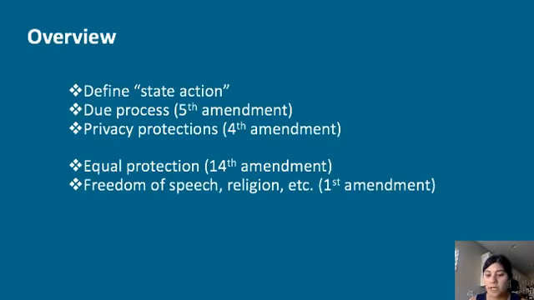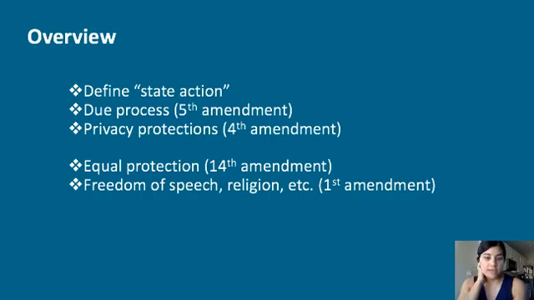You can see here, these are the main topics we're going to cover over the next few weeks. In our conversation today, we're going to define this concept of state action and talk a little bit about who has to comply with constitutional law. We're also going to highlight and discuss the concept of due process and how that impacts K&R practitioners.